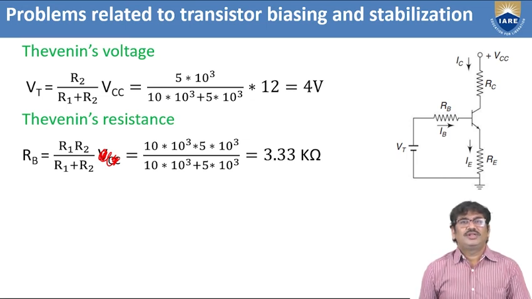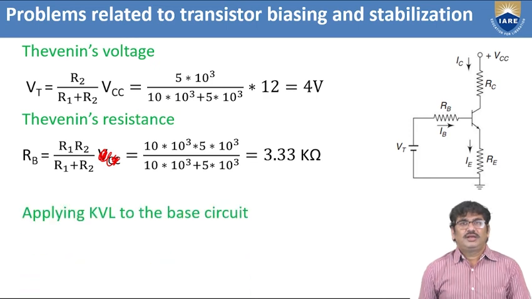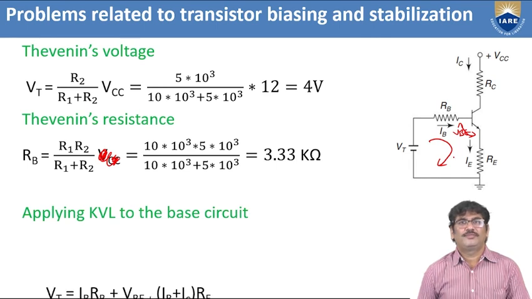Writing the KVL expression at the input circuit, we can find out the base current. The KVL expression at the input circuit is given as VT is equivalent to IB into RB plus VBE plus the voltage drop across RE, that is IE into RE.